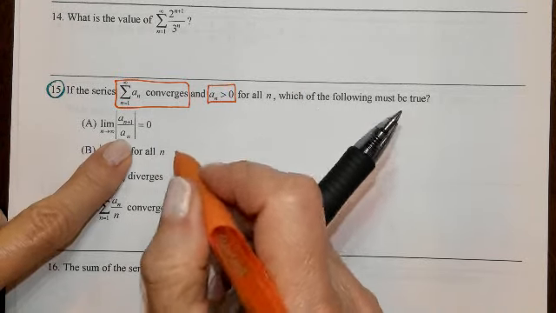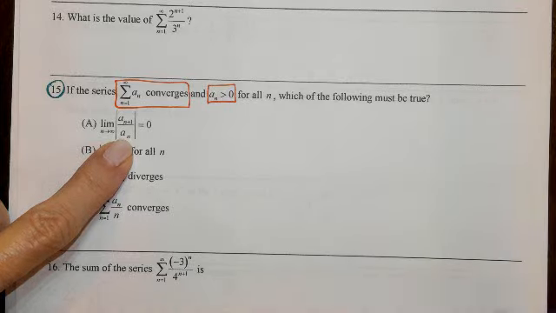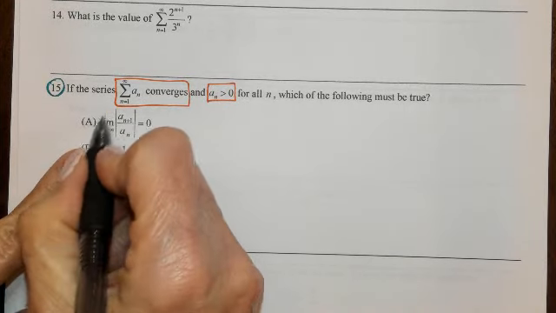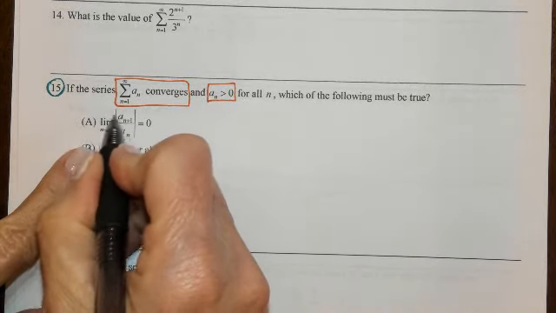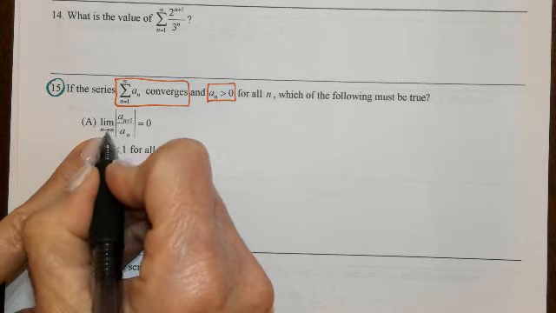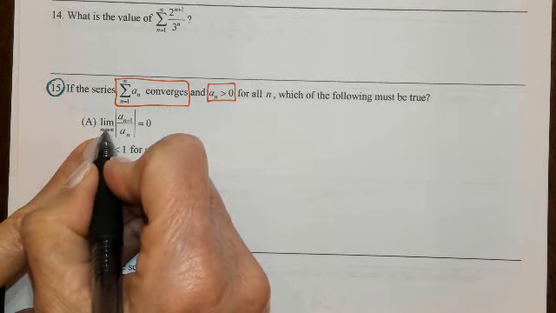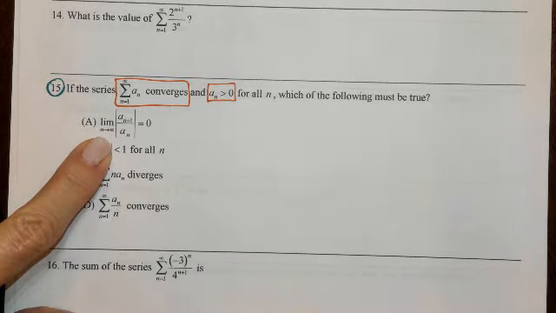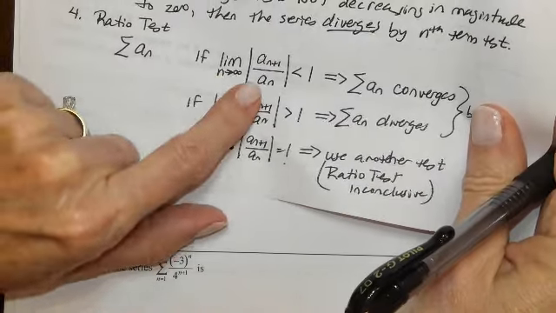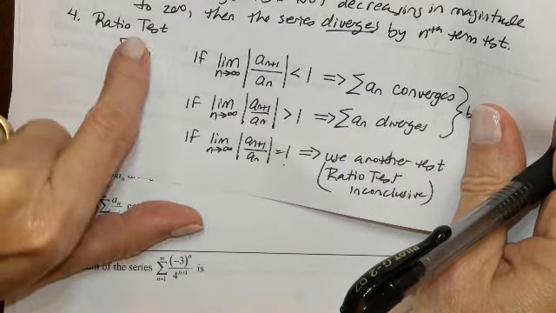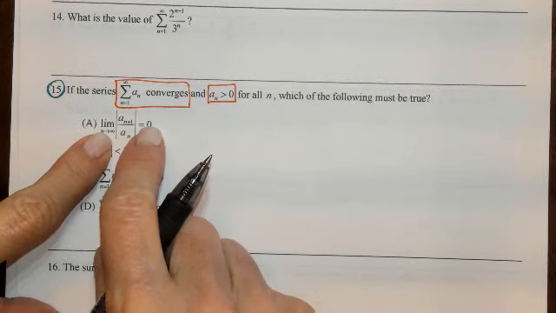Number 1, in A, when I see this, you guys, I see the ratio test. This is the exact setup for the ratio test. If you look back at our notes for the ratio test, that is the ratio. That is the ratio test. So this says that the limit is 0.